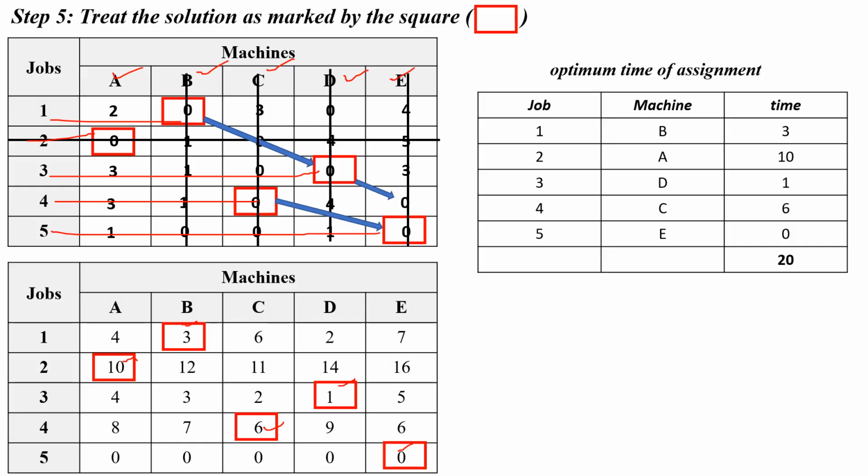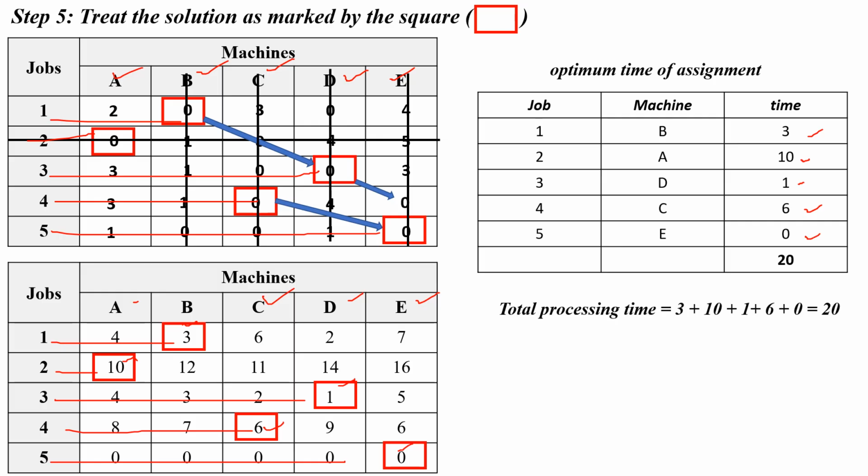So next we have to determine the time of the assignment. For this I have to observe the initial matrix. Here for job 1 and machine B, time is 3 hours, job 2 machine A, time is 10 hours, job 3 and machine D, time is 1 hour, job 4 machine C, time is 6, and job 5 and machine E, time is 0.